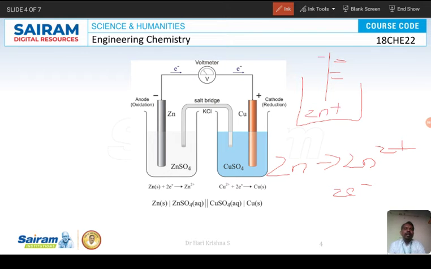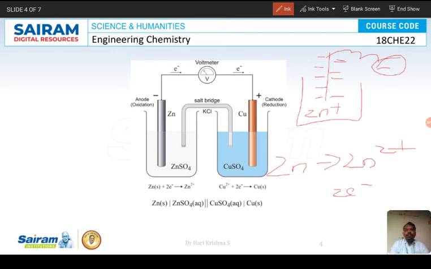Since the electrons are on the surface, the electrode gets an overall negative charge, and because of that, the anode is negatively charged. So Zn2+ will go into the solution, whereas electrons will remain on the surface of the electrode, giving the overall negative charge.